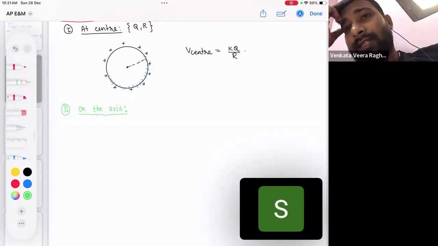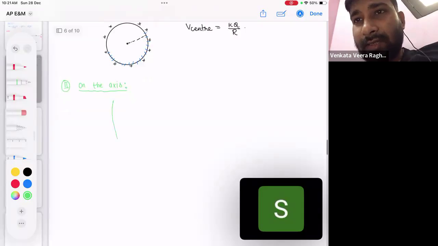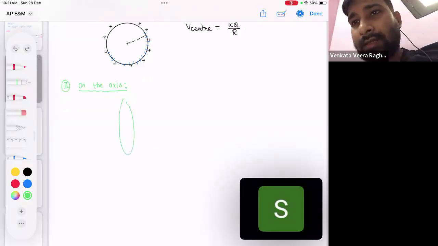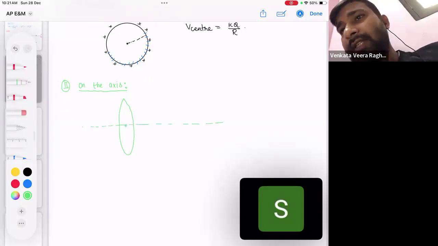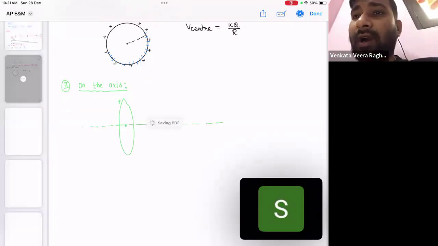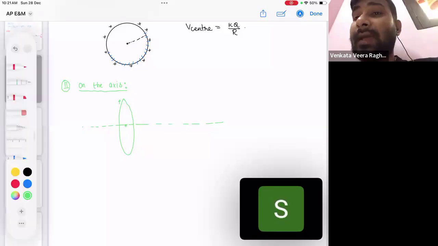So let's calculate it. What is going to be the electric potential on the axis of a ring? Okay. So let's say a ring is there. Ring has a uniform linear charge distribution. Linear charge distribution means what? Lambda. Charge per unit length will be given in the question.